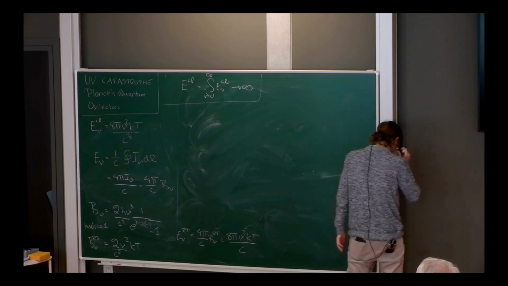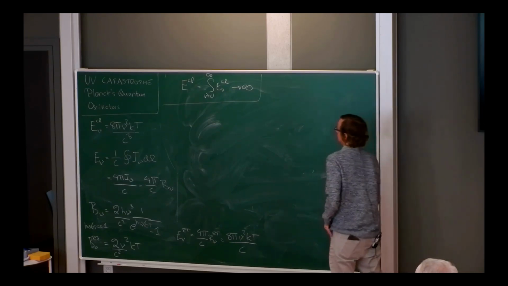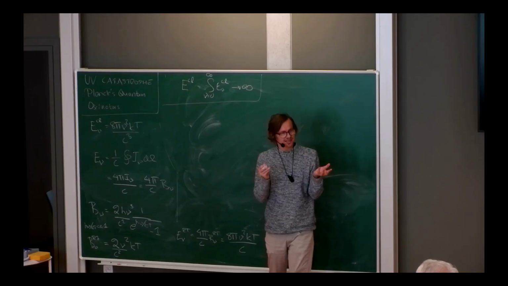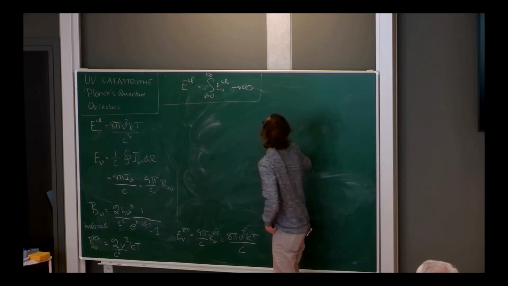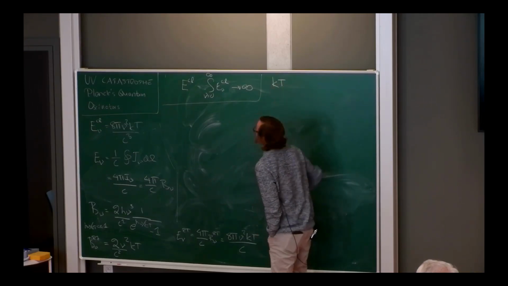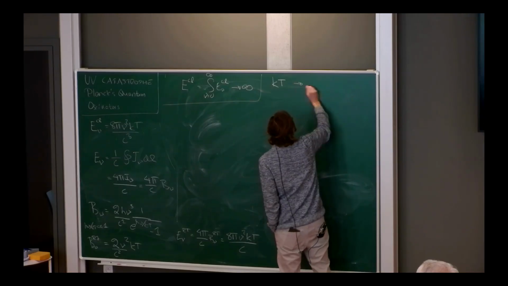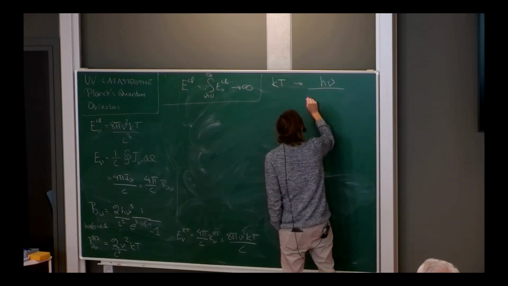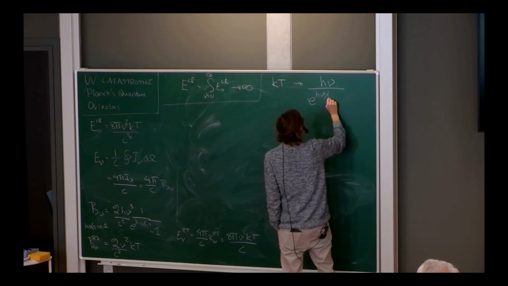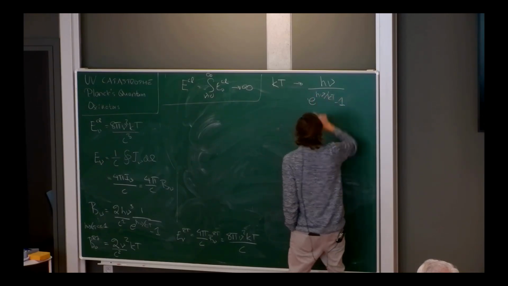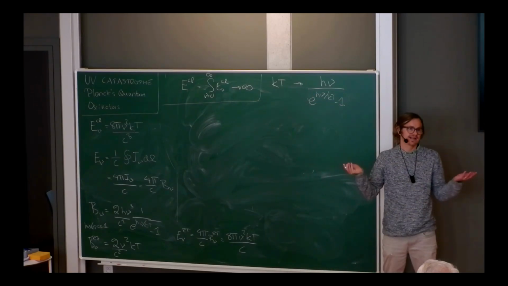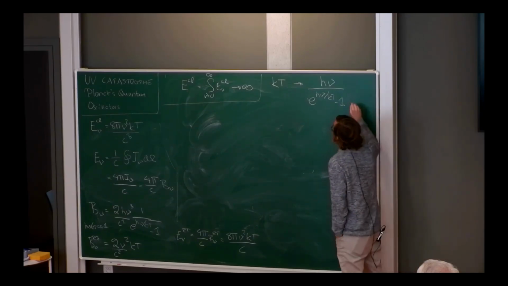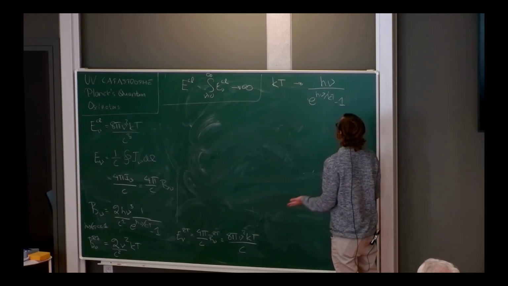And how did he obtain that from the classical formula? Well, he changed the average energy of this oscillator from kT to some constant times the frequency, divided by e to the h nu over kT minus 1, where I now call the constant immediately h, because that's Planck's constant nowadays, right?